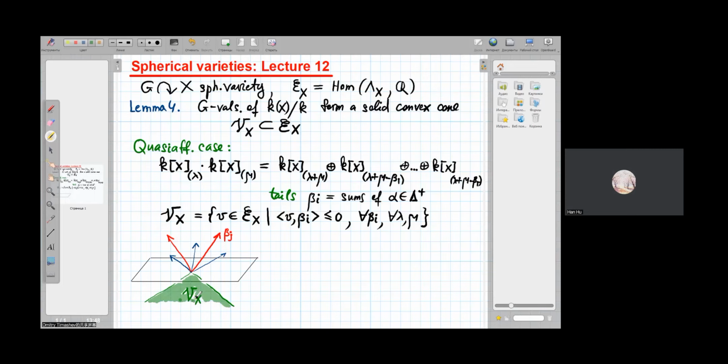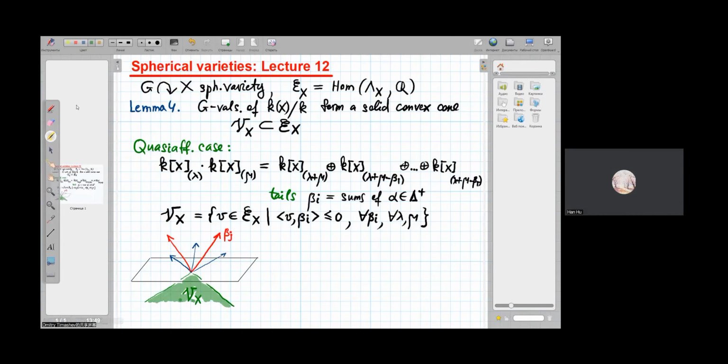When you take the dual vector space to a sublattice, it is the same as the quotient of the dual vector space to the whole lattice. But you may embed it as a subspace and consider the quotient map as a projection. So on the picture, it can be exhibited like this. This is the picture of how things look.